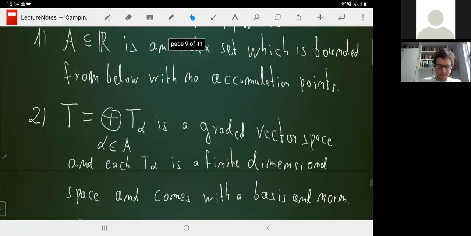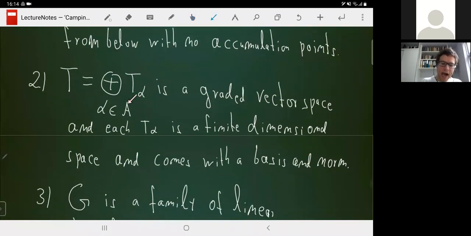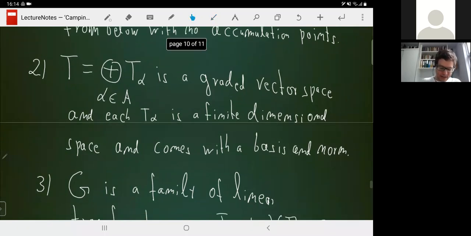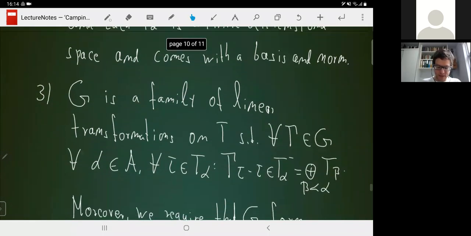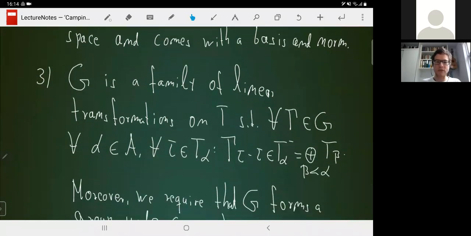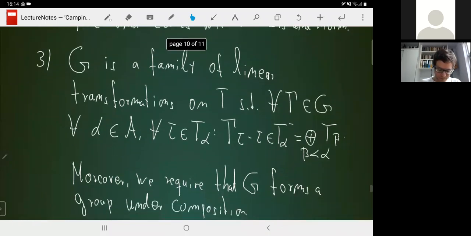And T alpha is simply the collection of objects of homogeneity alpha. And finally, the last thing, G, is a group of linear transformations satisfying a certain property. That's the regularity structure.